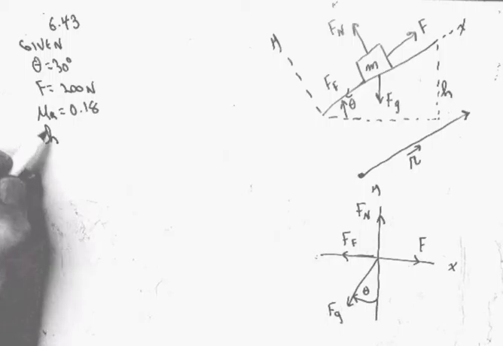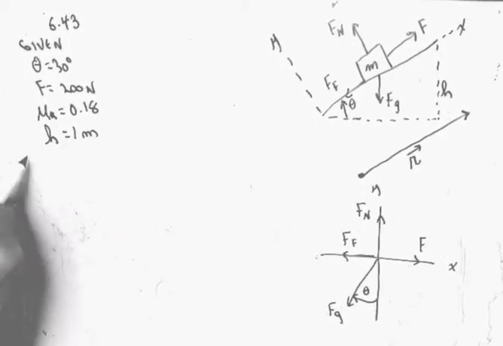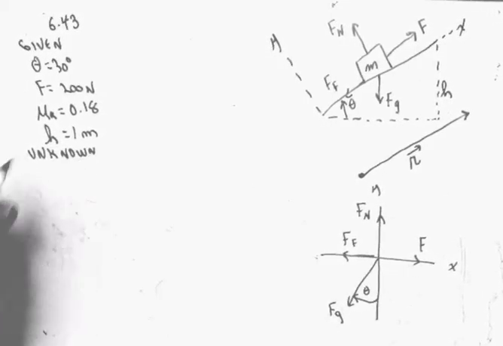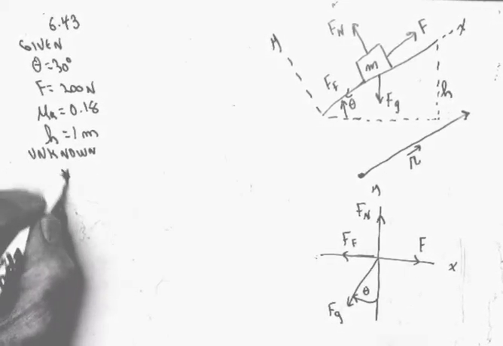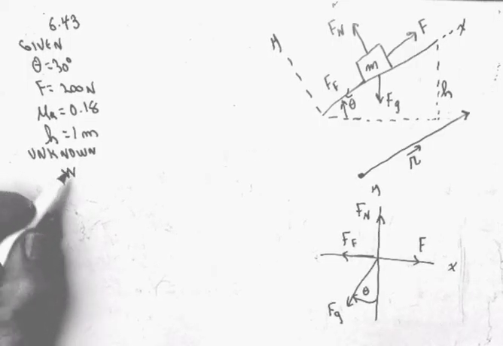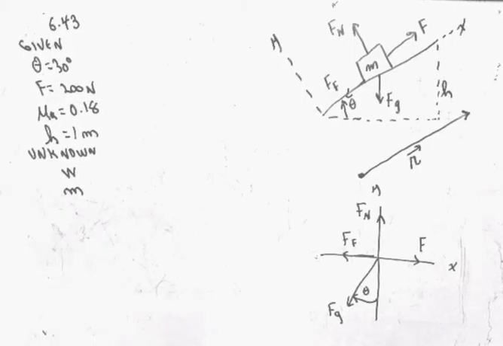The height to which we're going to move the block is 1 meter. What we would like to find is how much work was required as we move that up the incline, and what's the mass of that block if it's going to be in equilibrium.